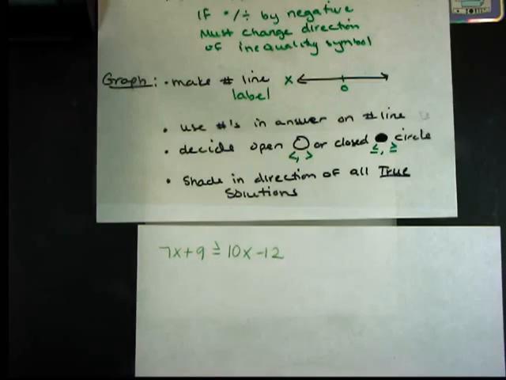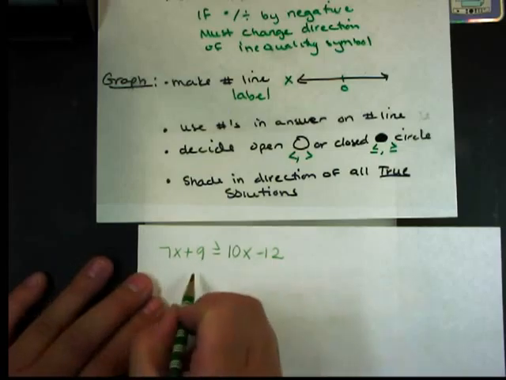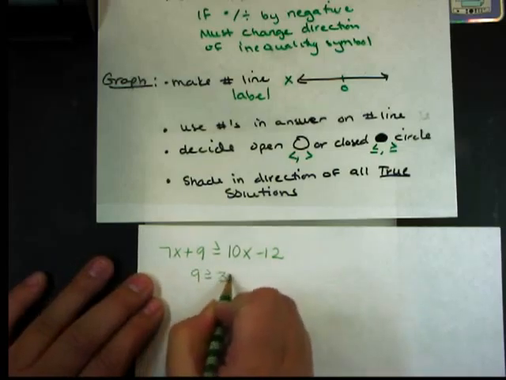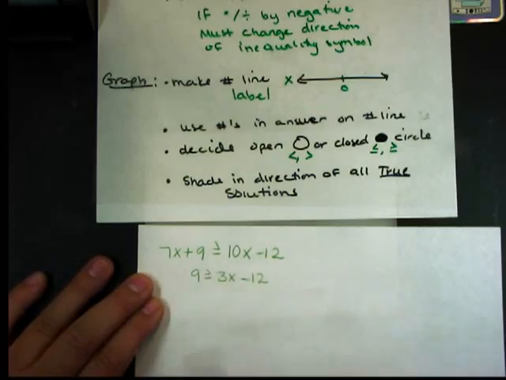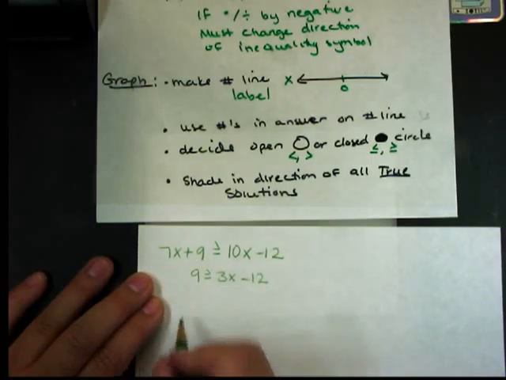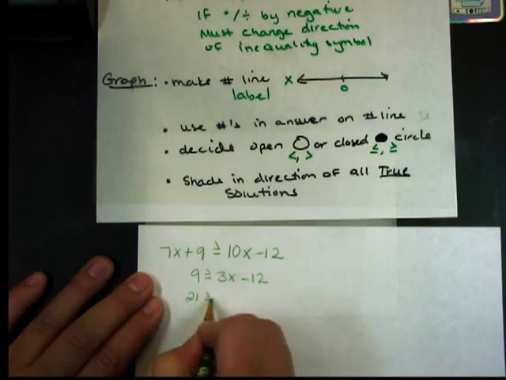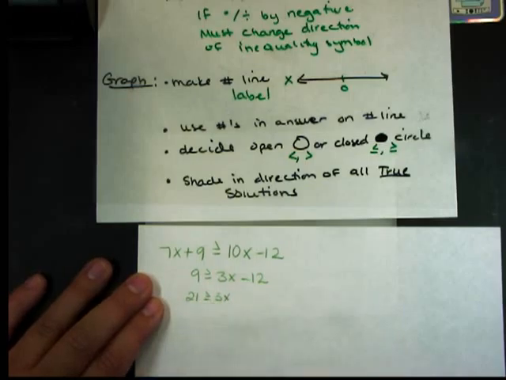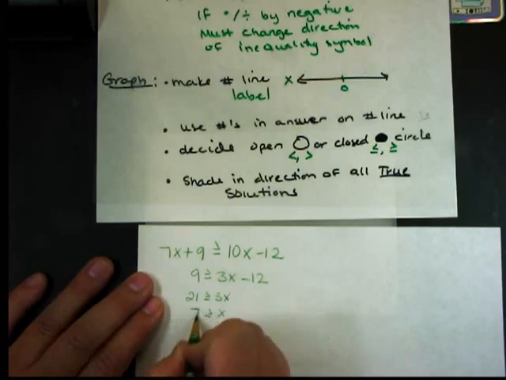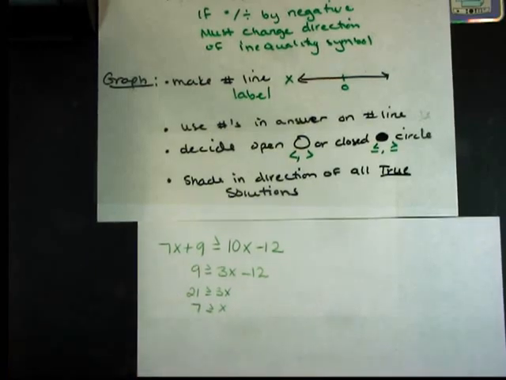Put our letters together by moving the 7x. So we get 3x minus 12. And then move our number over. So we're going to get 21 is 3x. And then we get to divide, so x is 7. Now when I read this, it says 7 is greater than or equal to x.